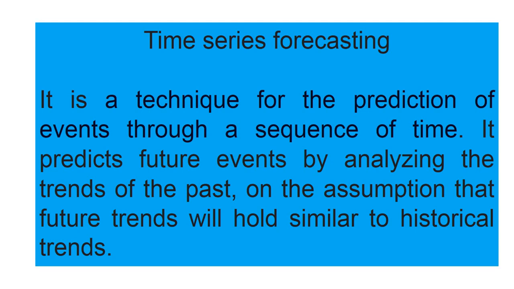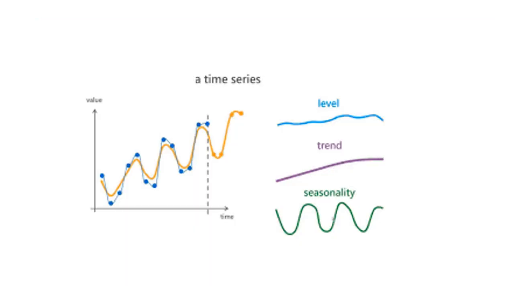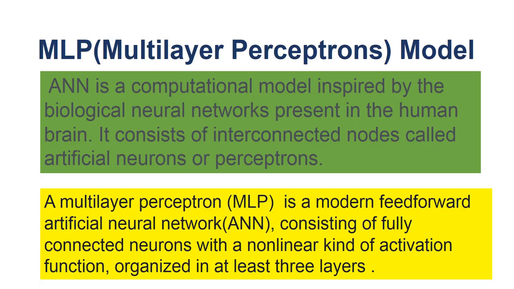It's like forecasting the temperature of a day. You can see on the screen that if the temperature or any other parameters are changing with respect to fixed time, then it's called sequential data, and they are time stamped on the x-axis.